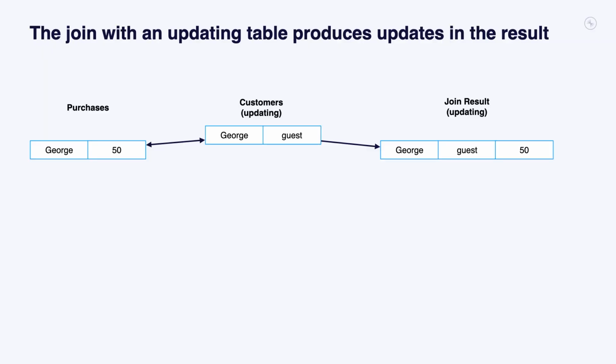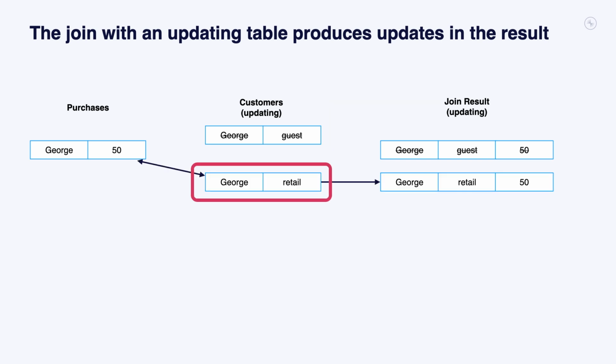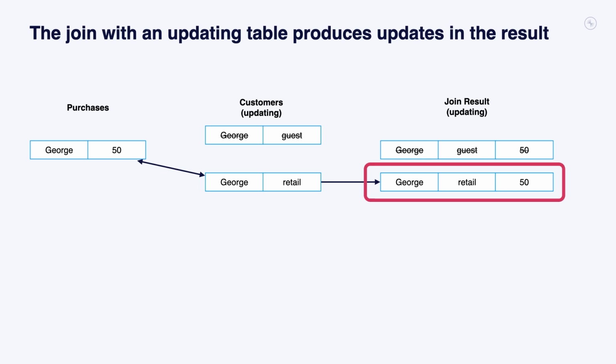Let me see if I can summarize what happened. This was the original purchase where George purchased $50 worth of gear as a guest. Then we updated George to be a retail customer, and now the join result shows him as retail.